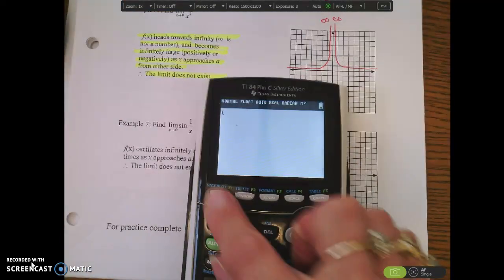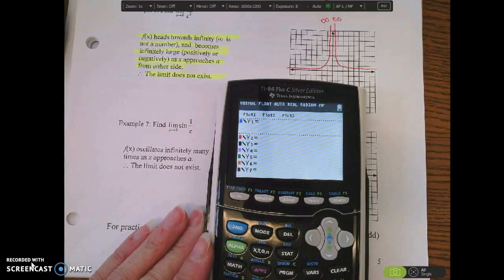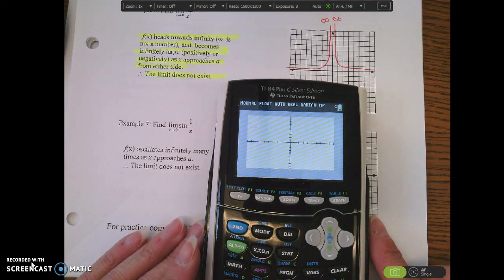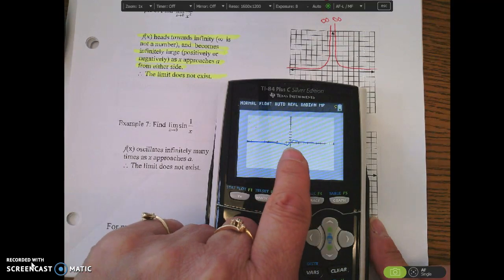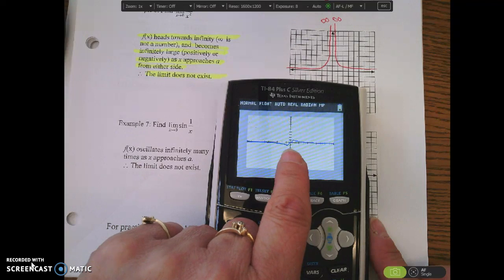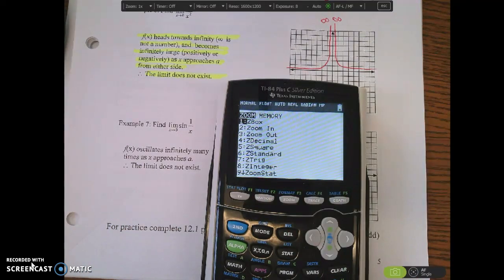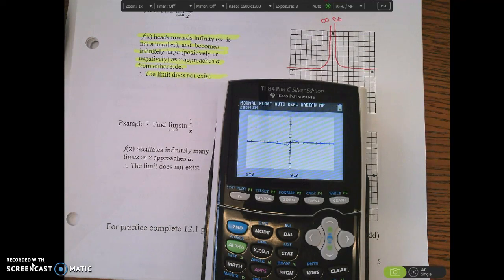Third case. Let's type this in. We want the sine of 1 divided by x. Let's see what that looks like. It looks like it's linear. Oh, it's not linear. What happened in there? I'm going to zoom in. Choice 2. When I hit enter, it's going to do it again. It's zooming in.